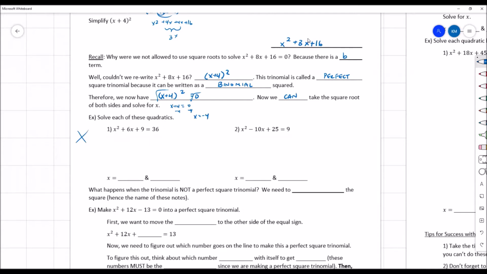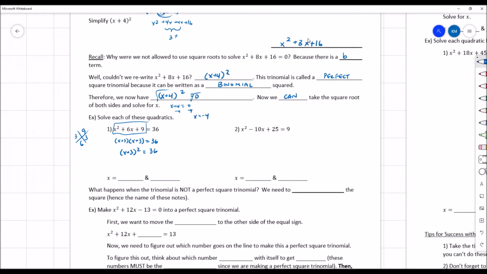We're looking for two numbers that, because we're focusing on this left side, multiply to give us 9 and add to give us 6. Those two numbers, 3 and 3. So we have x plus 3 times x plus 3 equals 36, rather than x squared plus 6x plus 9. Which will be even better when we write it as x plus 3 squared equals 36.